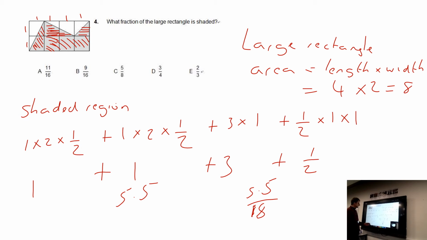We want the numerator and the denominator to be whole numbers, so we can multiply both by 2. So this will equal 11 over 16. So our answer is A.